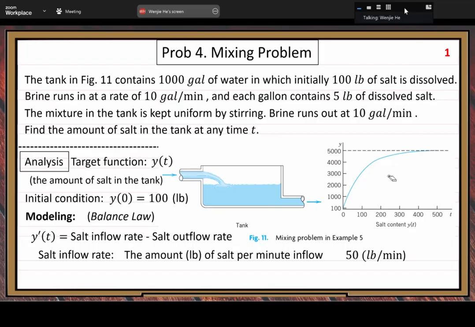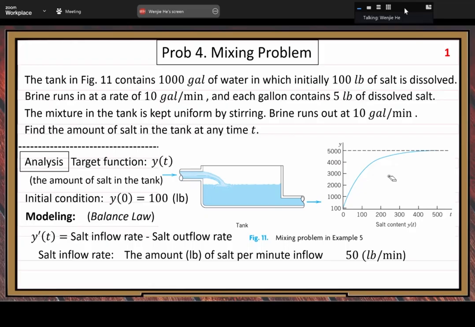We have 10 gallons, so multiply. In 1 minute, 10 gallons flow in, and 10 gallons contain 50 pounds of salt. This is the inflow rate: 50 pounds per minute.